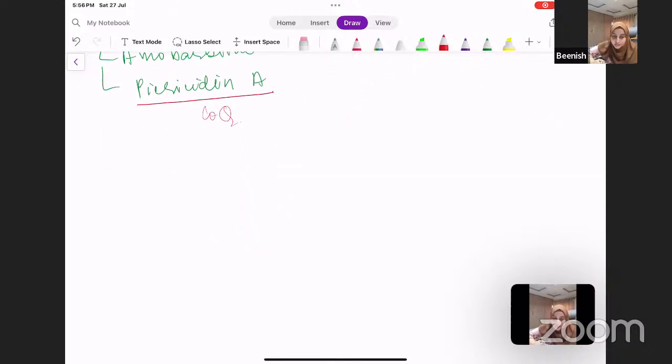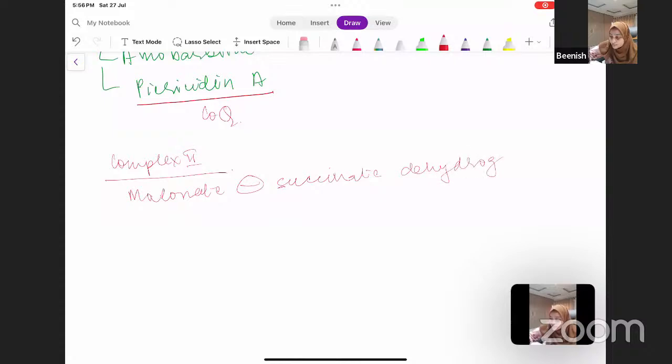Now talking about the inhibitors of complex 2. Complex 2 inhibitors are your malonate, because your malonate inhibits succinate dehydrogenase, and then you have carboxin, and then you also have thenoyltrifluoroacetate.